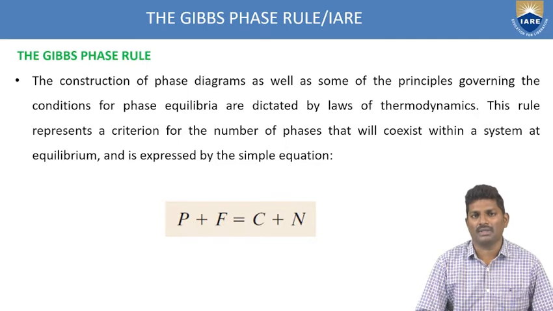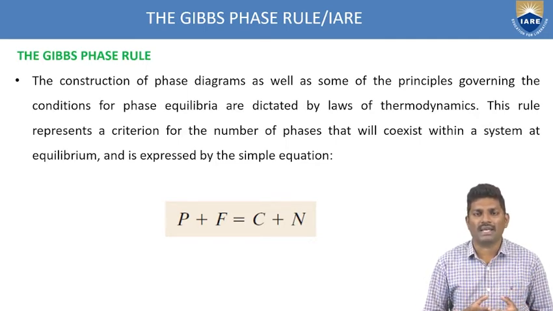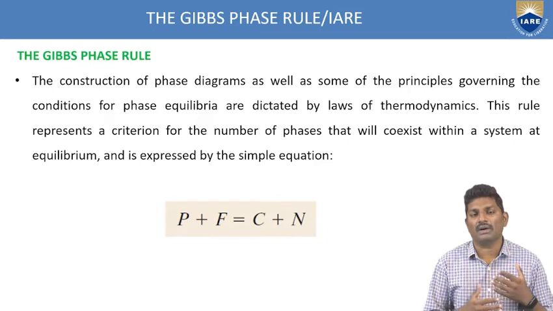Depending upon these variables, we can easily draw the phase diagram of any given alloy or any given composition with respect to temperature. So in the construction of any phase diagram, this Gibbs phase rule is very useful and important in drawing the phase diagrams of any type of given alloy.